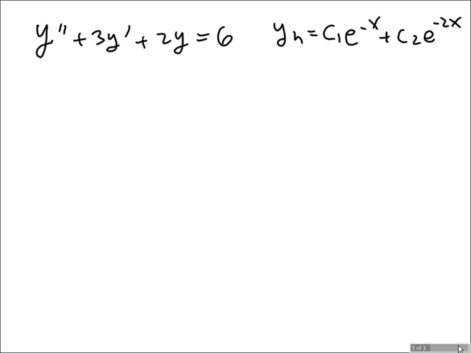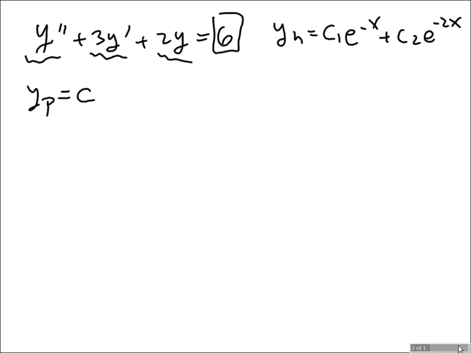Now basically we take a second derivative, we add on 3 times the first derivative, we add on 2 times our function, and we just get a constant. The particular solution is just going to be a constant.